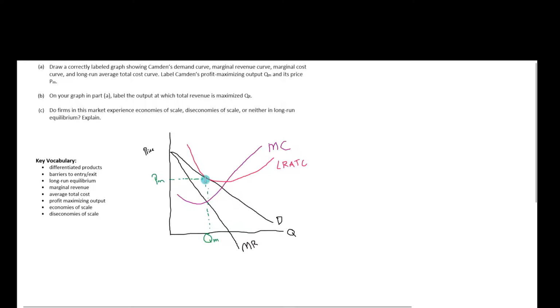We follow that up to the demand curve. We go across. That gives us our PM, which is our profit maximizing price. So we just follow this dotted line all the way up to here. QM for the output, PM for the price. And that completes part A.